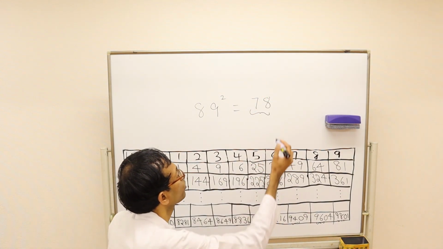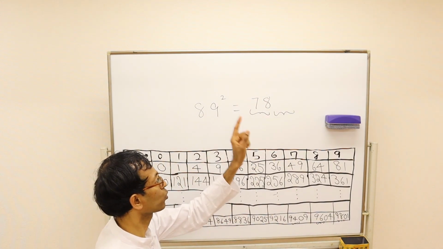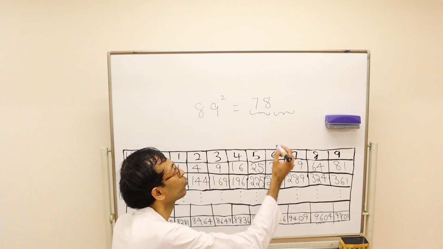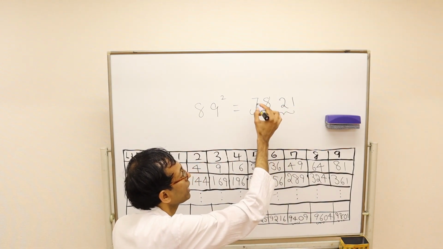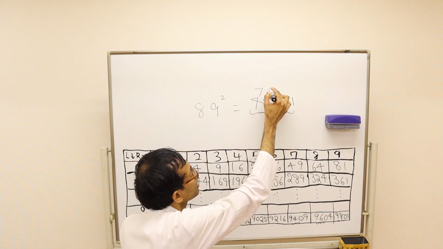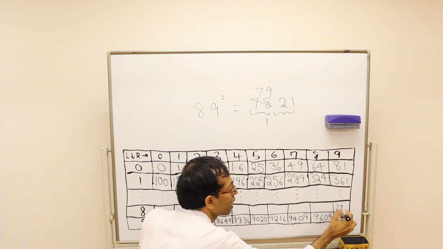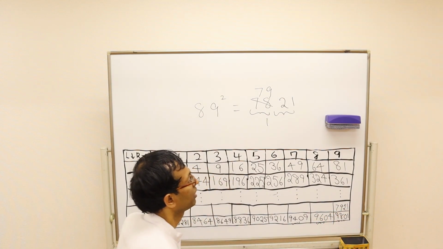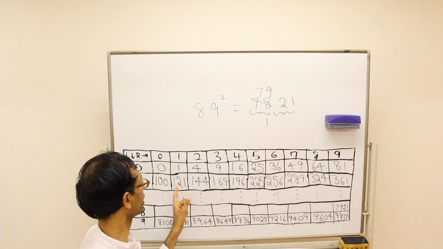And then here you have a two-digit number. 11 square is 121. This 1 is a carry, so 78 becomes 79. So 7921. You see this 121 you can use from here.